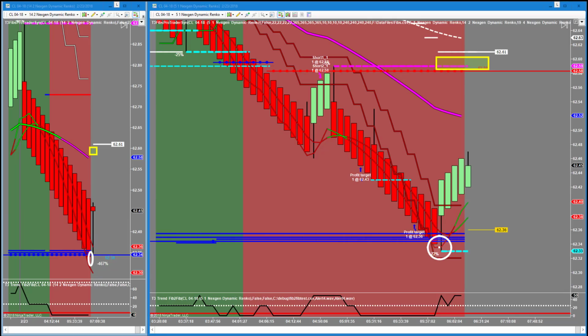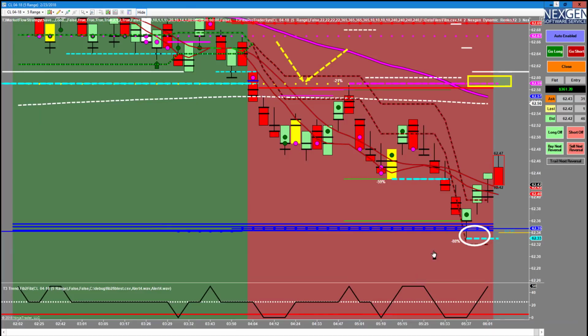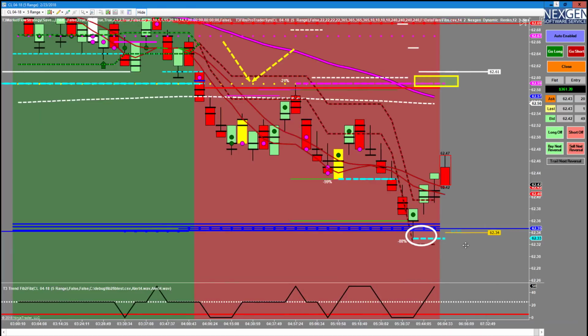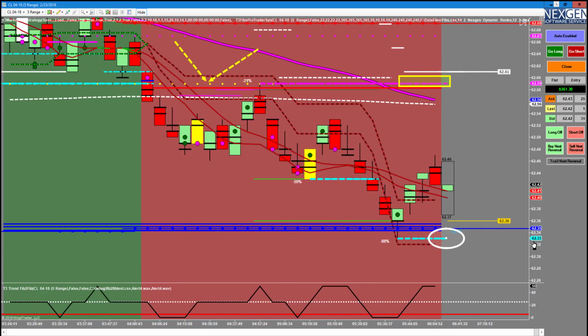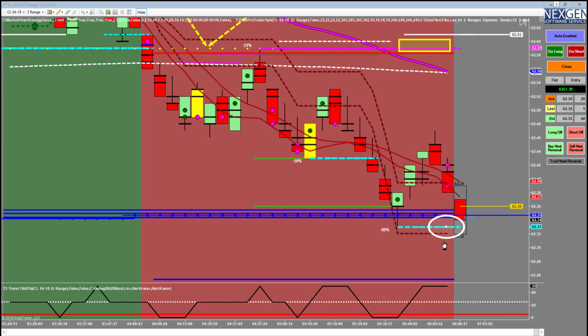Really where we would think about the potential of going long is if we retested this area a second time with divergence potential, then we'd have a much better chance of this low actually holding and generating long trades for us.